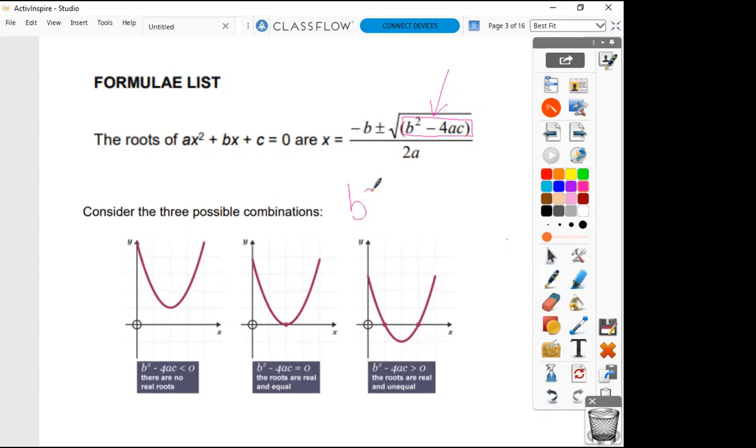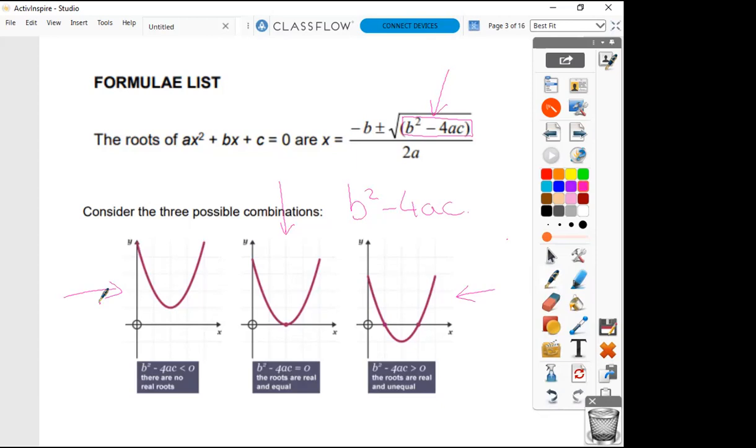We're going to use b squared minus 4ac to find out whether the parabola cuts through the x-axis twice, which is the most common, whether it just touches it once, or whether it doesn't cut through the x-axis at all. The furthest left doesn't cut through the x-axis.